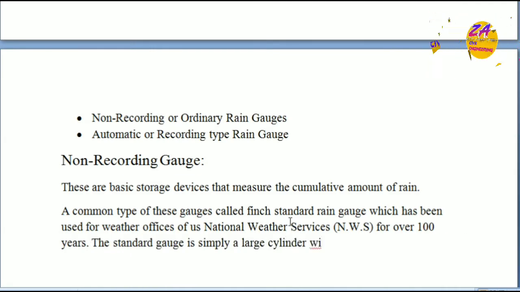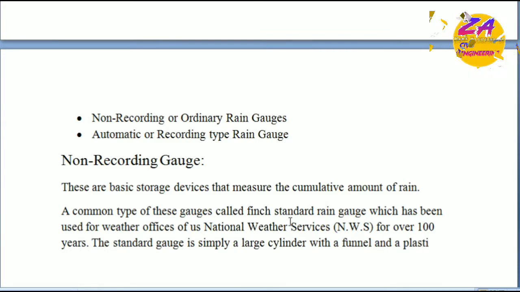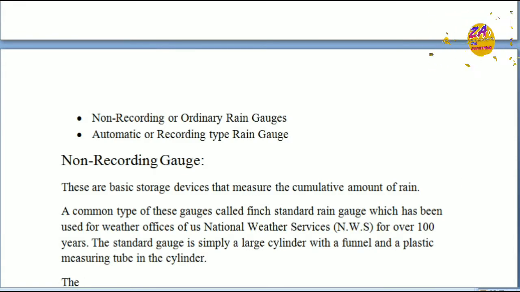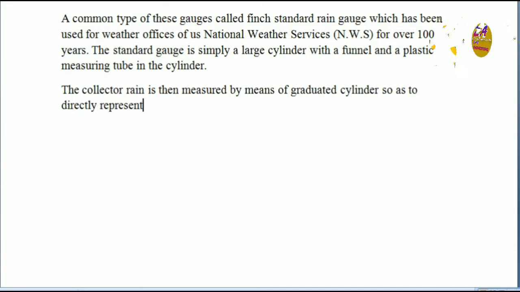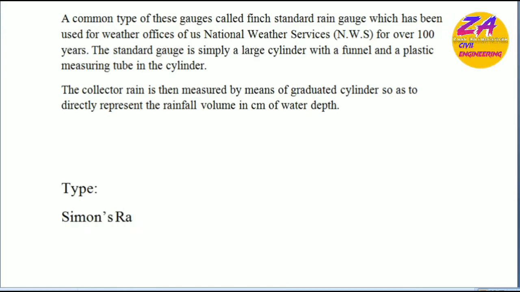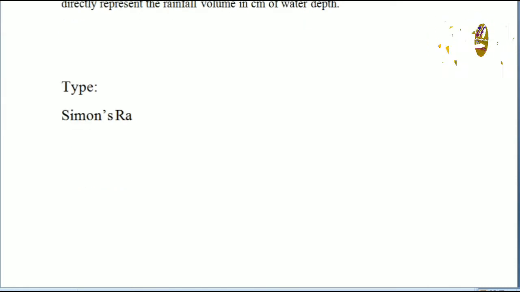The standard gauge is simply a large cylinder with a funnel and a plastic measuring tube in the cylinder. The collected rain is then measured by means of graduated cylinders so as to directly represent the rain volume in centimeters of water depth.